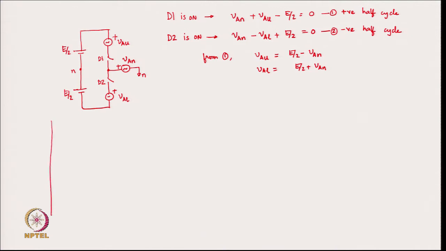So, let us then draw the waveforms. Let us first draw VAN, and this is the VAN waveform, and let us assume that this is spanning between E by 2 and minus E by 2.